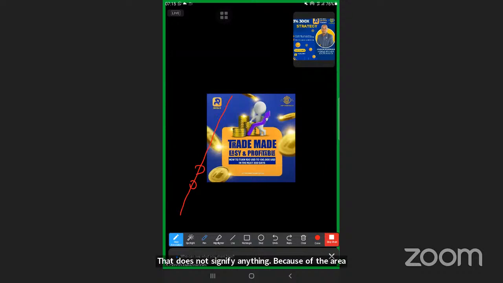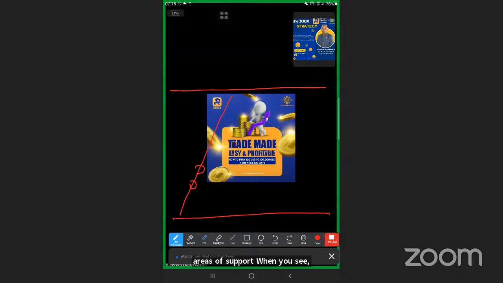But I want you to pick this into your mind: areas of resistance, areas of support. When you see dojis forming around those areas, there is a message communicated to you as a trader. The same applies when the market is trending down.